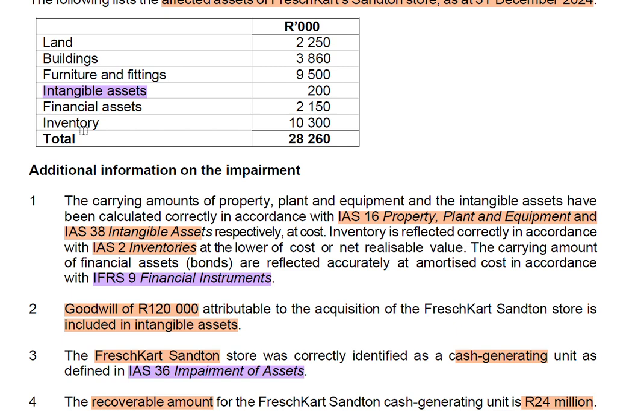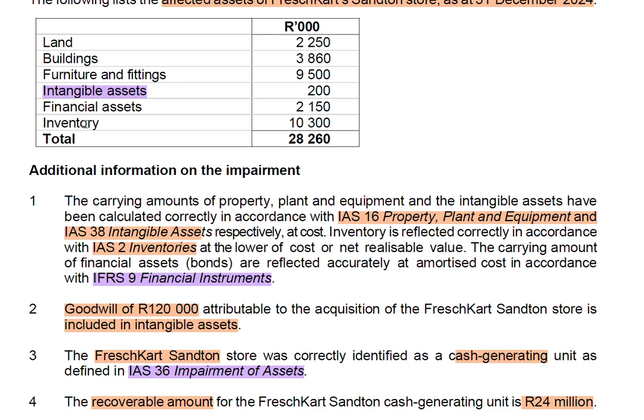We also know that if there is impairment of a cash generating unit, we need to first allocate the impairment fully to the goodwill, and the impairment on goodwill should never be reversed. So those are the important things we know for now: financial assets and inventory are excluded from the scope of International Accounting Standard 36.